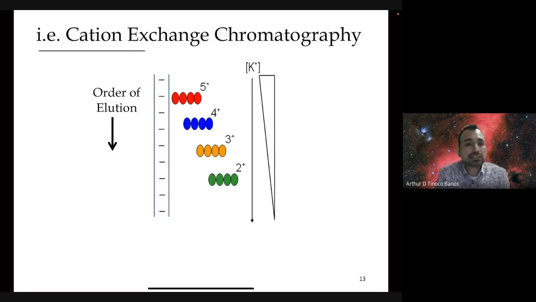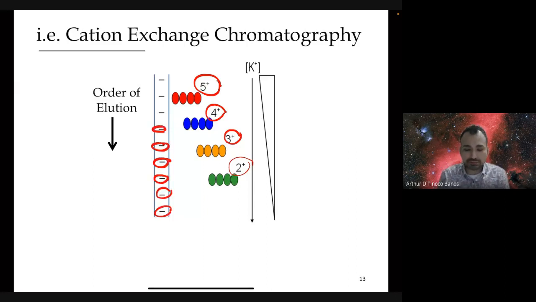So let's look at an example here, focusing on cation exchange chromatography. Here, I'm just giving you a representation of different charged species: +2, +3, +4, +5. These are going to bind to a cation exchange column because you have those negatively charged groups on your stationary phase.